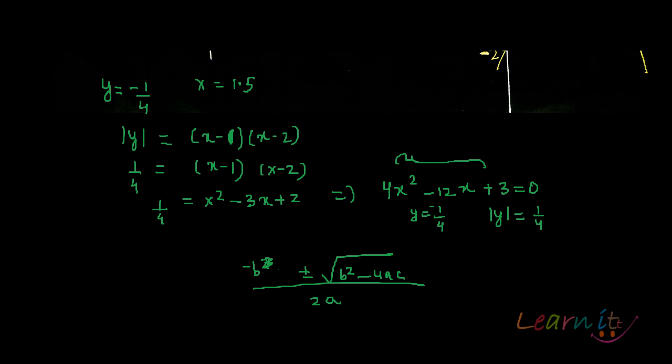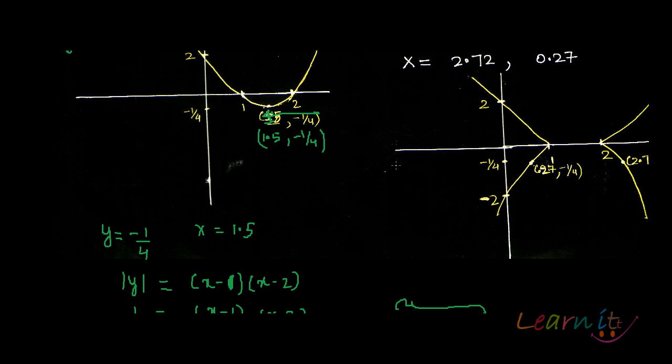So for the y value minus 1 by 4, I'm again and again saying that y is minus 1 by 4, but my function given to me is mod y equals a quadratic polynomial. So this becomes 1 by 4, and it gives me a different answer this time. It will not give me 1.5, it is giving me 0.27 and 2.7.